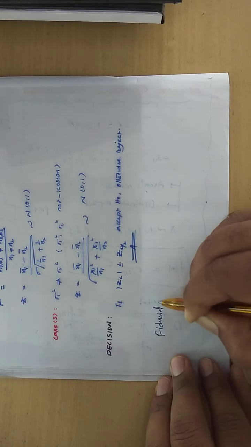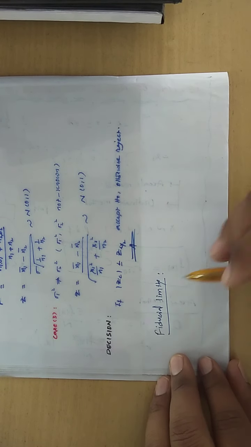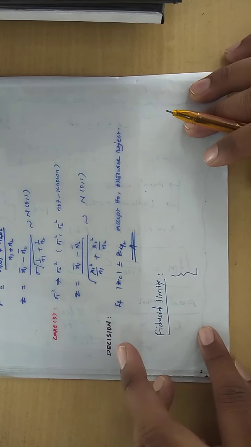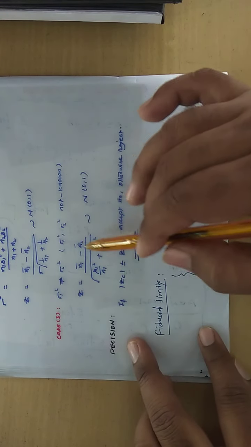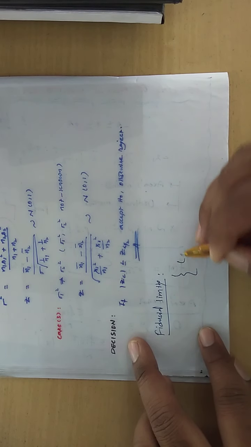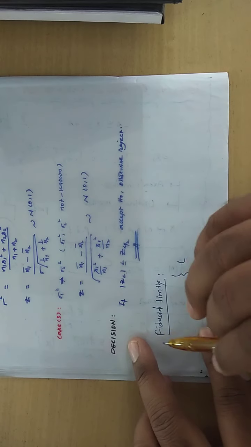Fiducial limits or confidence limits. What's the formula? Always remember that in the formula, whatever sample information is available, only sample. So what is the sample? The entire numerator itself is sample.